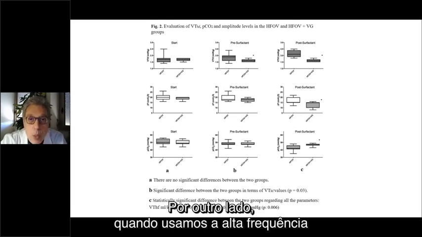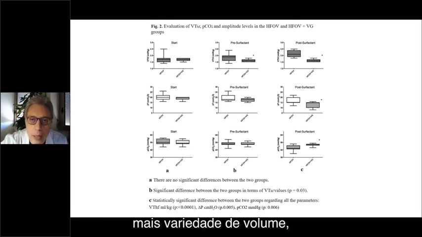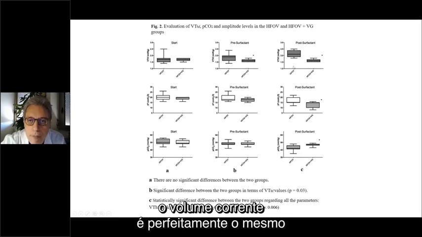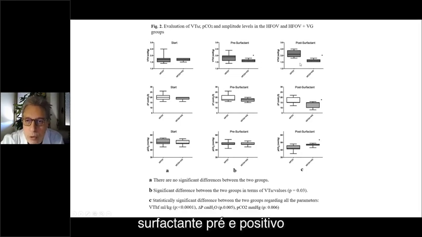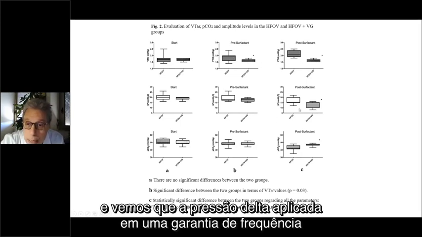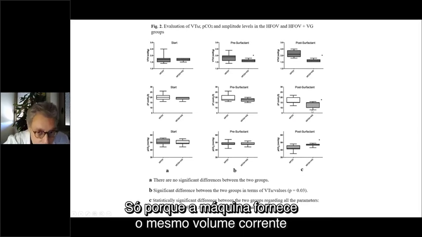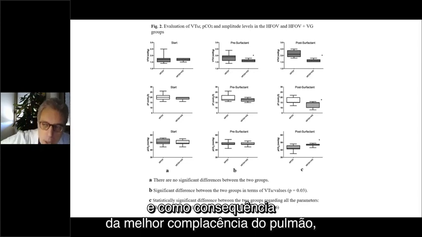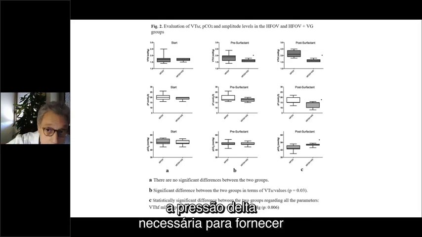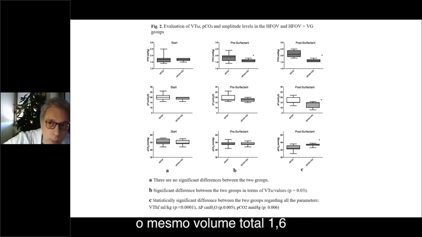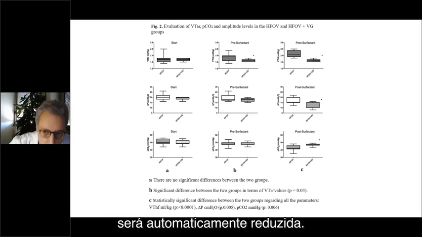On the opposite side, when we use high frequency plus volume guarantee, the tidal volume is perfectly the same pre and post surfactant. And you see that the delta pressure applied in high frequency plus volume guarantee is dramatically reduced, just because the machine delivers the same tidal volume, and as a consequence of the improved compliance of the lung, the delta pressure needed to deliver the same tidal volume, 1.6, will be automatically reduced.